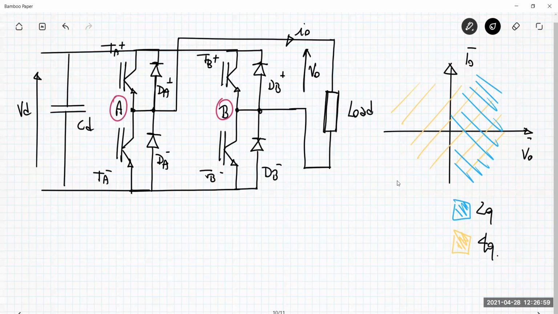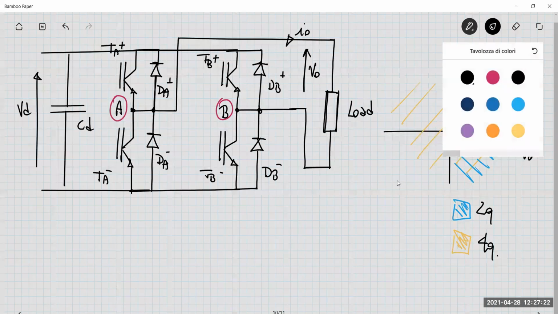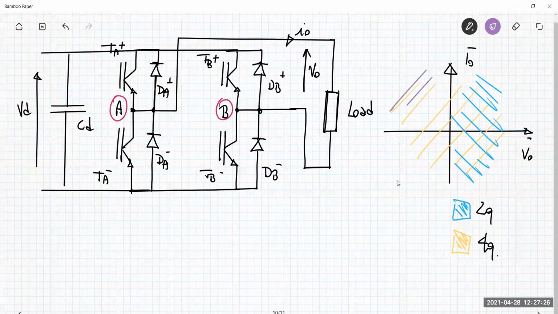Now my question is, what if I want to build a converter, a DC-DC converter, for example, that can be employed for generating a reversible voltage, so voltage that can be positive or negative, but just unidirectional current. So my goal is to obtain something that is working in these other 2 quadrants.